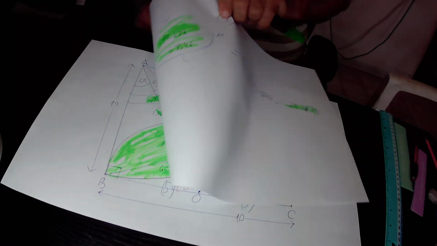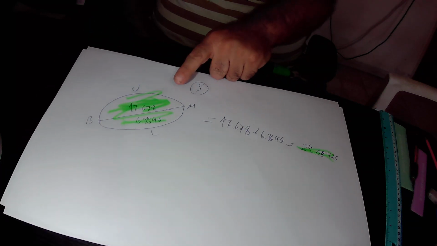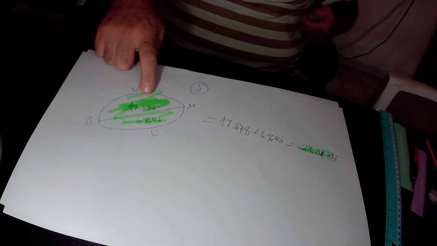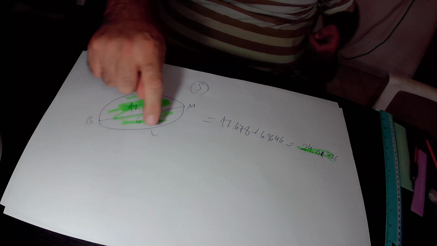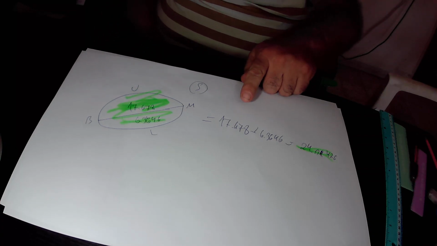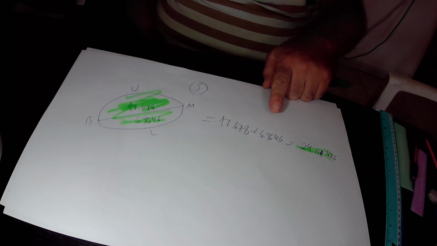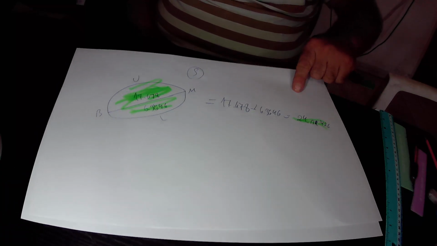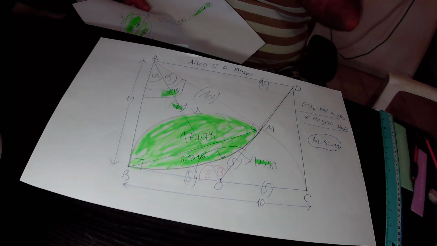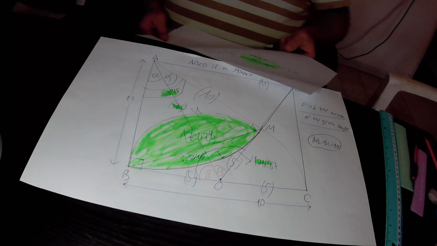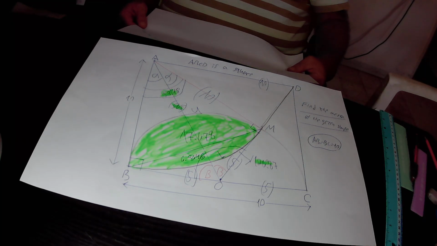The area of the green shape equals the upper segment, 17.678 square meters, plus the lower segment BLM, that is 6.3646 square meters. 17.678 plus 6.3646 in total is equal to 24.0426 square meters. So the area of the green shape, the area we are looking for in this question, is equal to 24.0426 square meters in size.